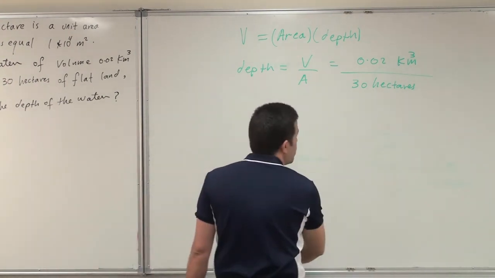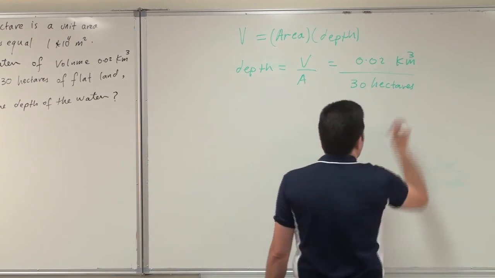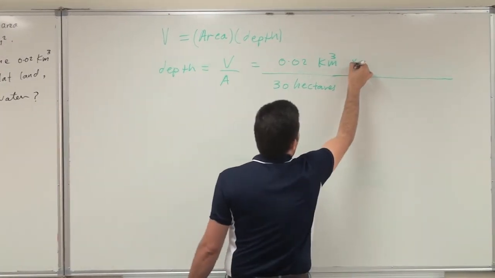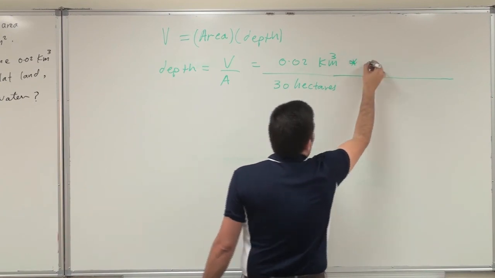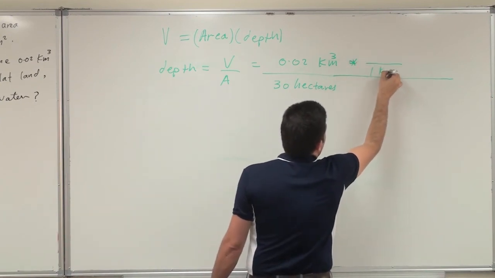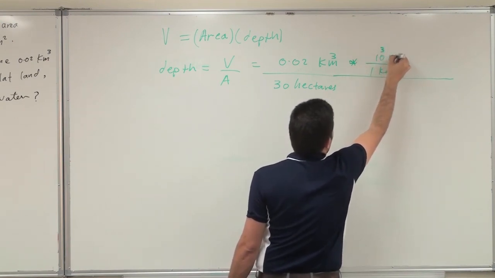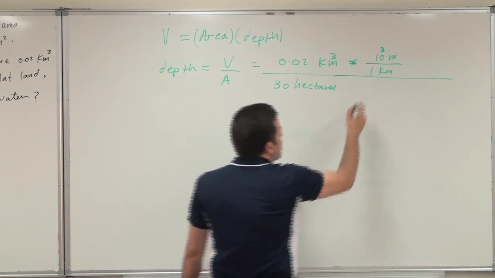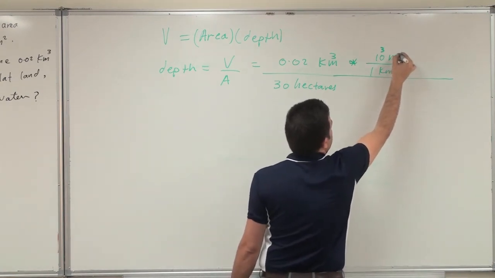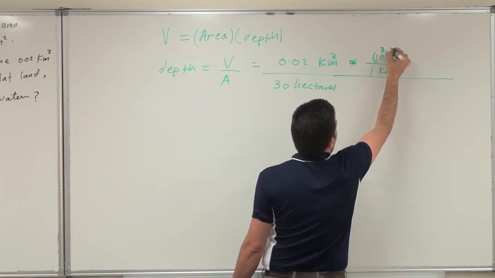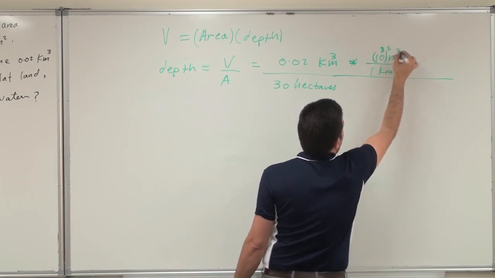So in order to get the answer depth in meters, I know that 1 kilometer is 10 to the power 3 meters. So 1 kilometer cubed is 10 to the power 3, cubed, meters cubed.